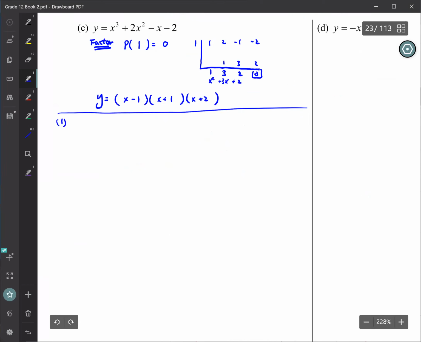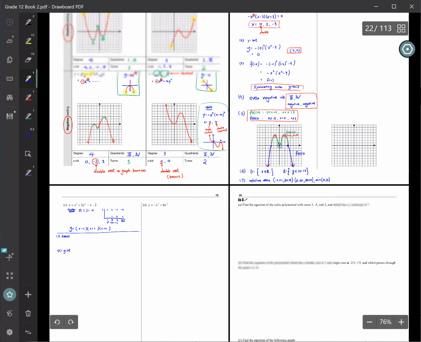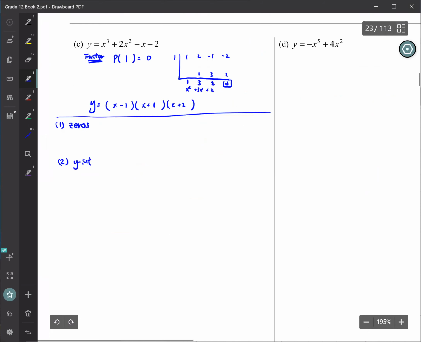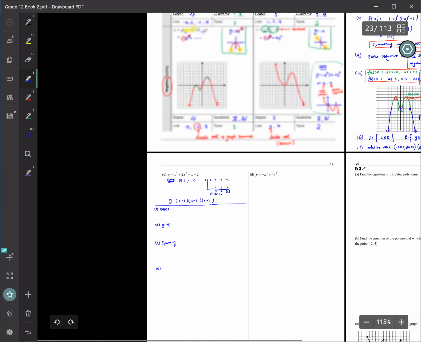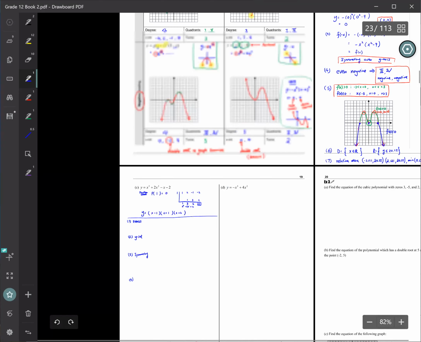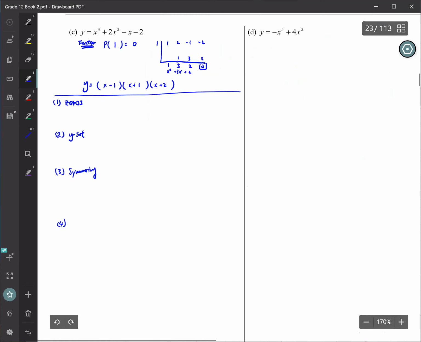Number 1 is zeros. Number 2, y-intercept. Number 3 is symmetry. Number 4 is quadrant and behavior.